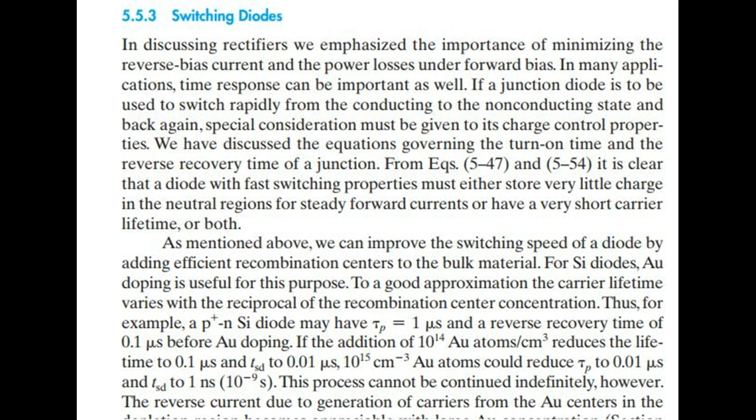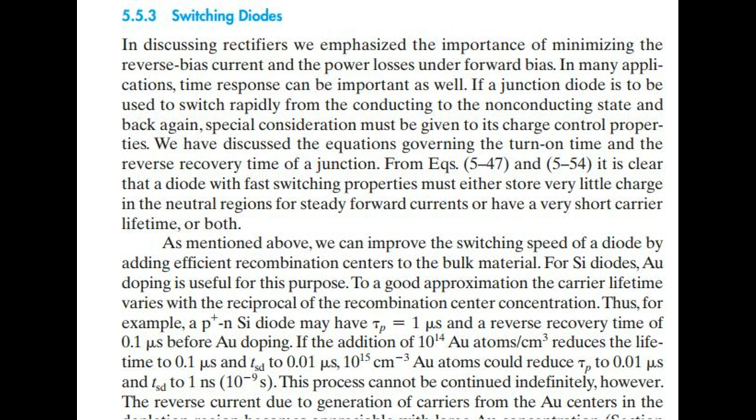If the addition of 100 trillion gold atoms per cubic centimeter reduces the lifetime to 0.1 microseconds and TSD to 0.01 microseconds, 200 trillion gold atoms per cubic centimeter could reduce τp to 0.01 microseconds and TSD to 1 nanosecond, 10 to the minus 9 seconds.